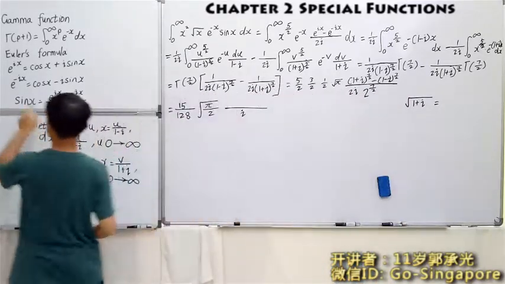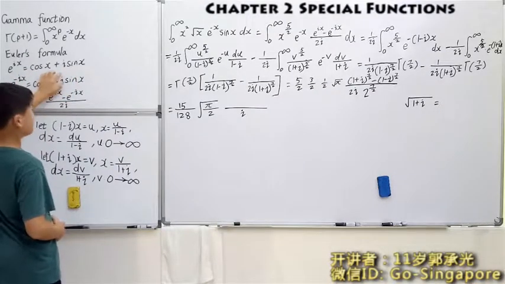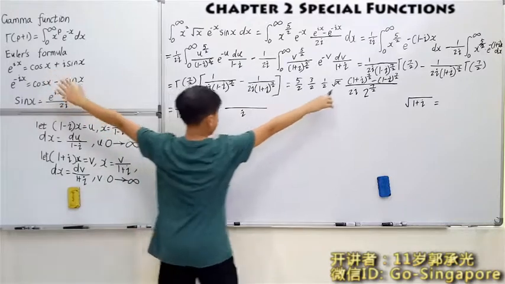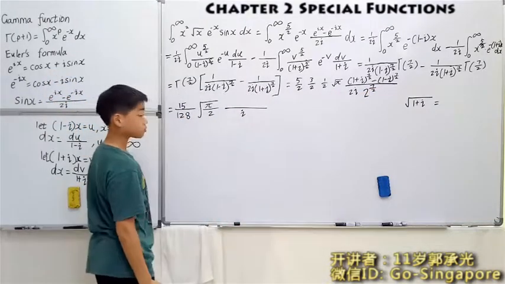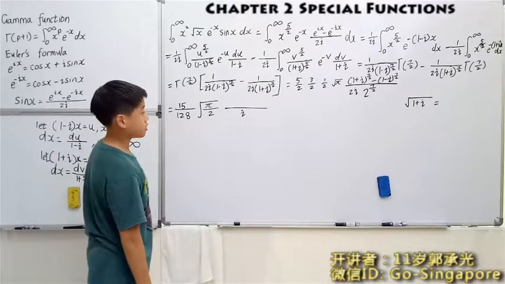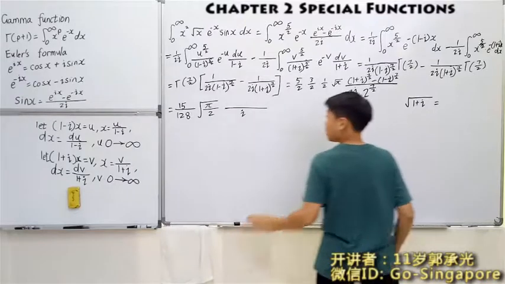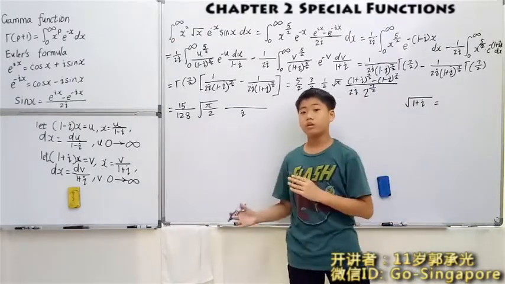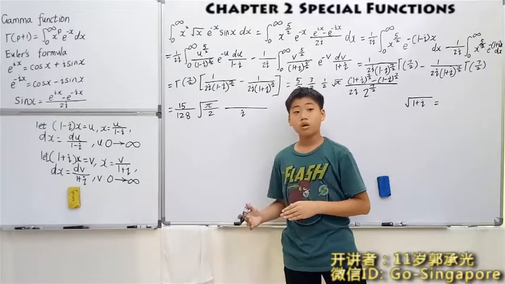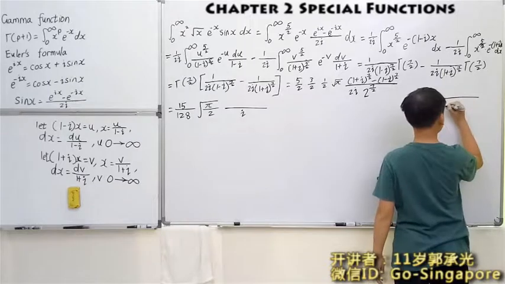The only thing I see is that you can use this part. This is for the front, then the negative for the back. So for this, cosine x and sine x can both be 1 over square root 2. Yes, that's it, 1 over square root 2.